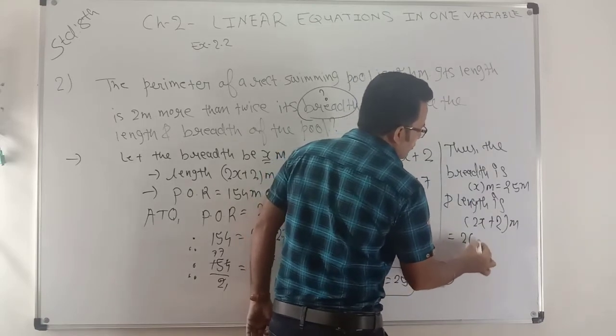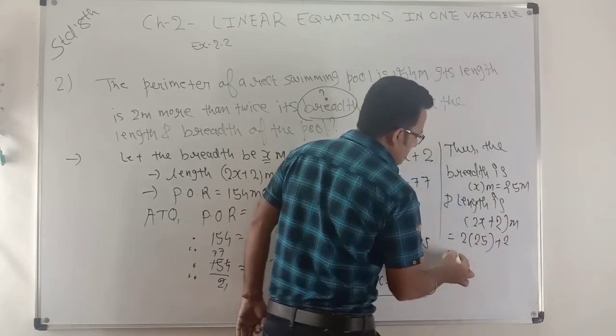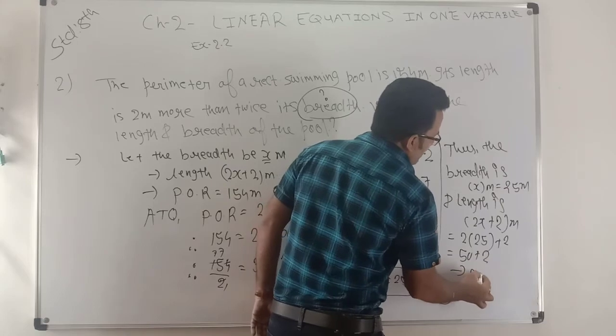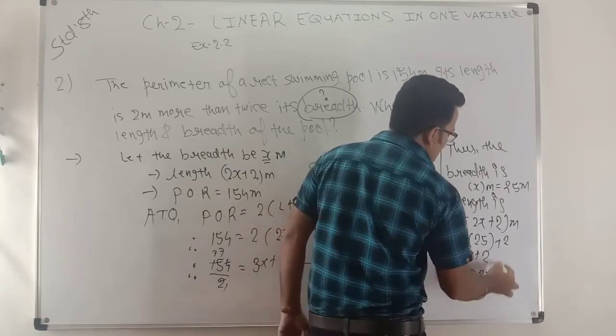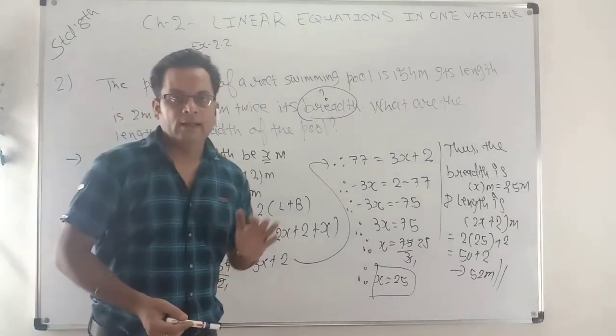Now the value of x you will put here. So it will be 50 plus 2, 52 meter. So this is the way you have to find your breadth and length.